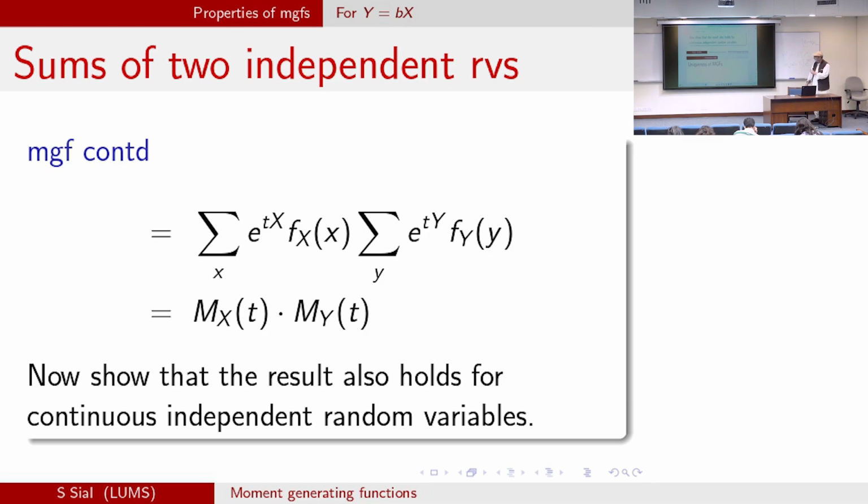So if x and y are independent, then the MGF of the sum x plus y is the MGF of x times the MGF of y, but that depends upon x and y being independent random variables.